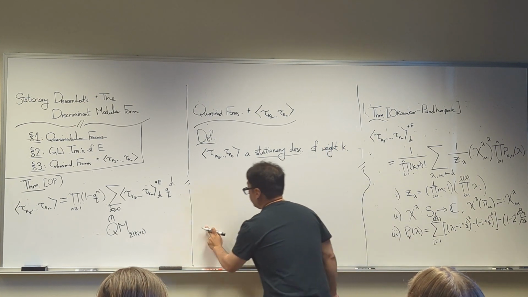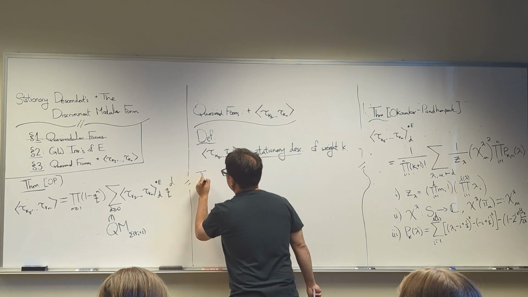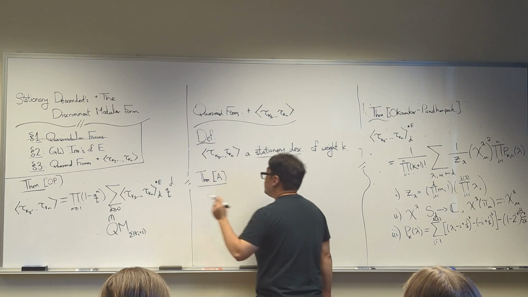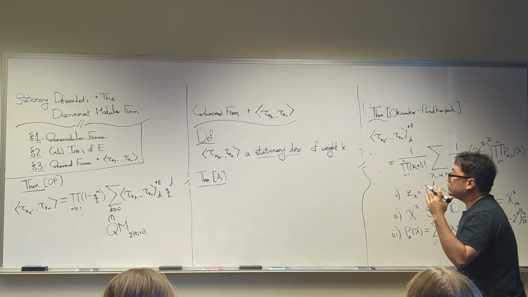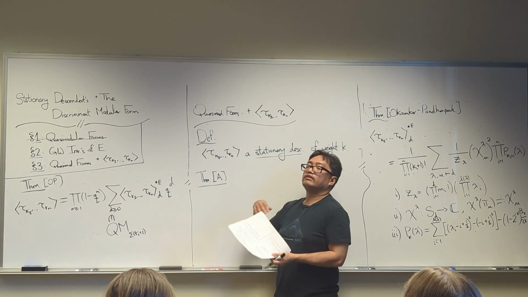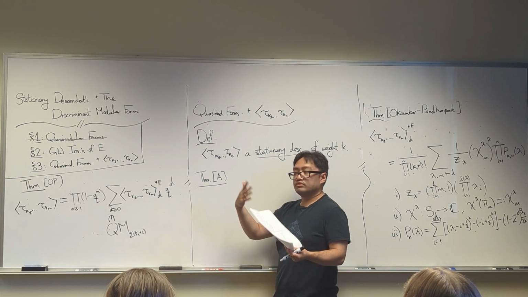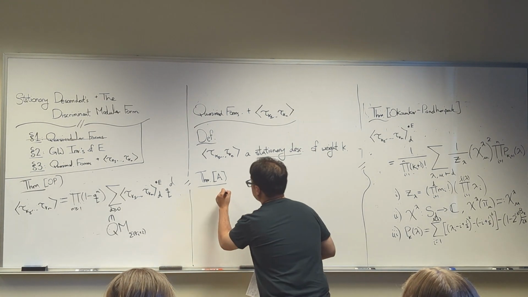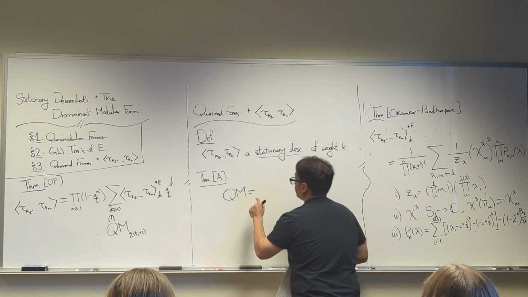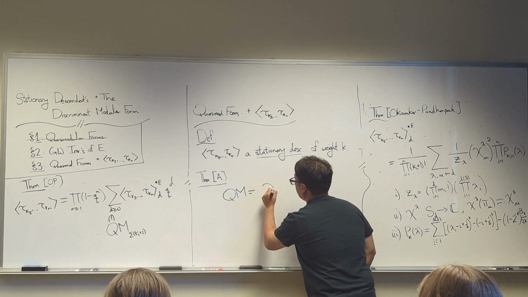The first theorem I want to mention: the first thing you might ask is how good these generating functions are at generating the entire ring of quasi-modular forms. It turns out it's not that bad.